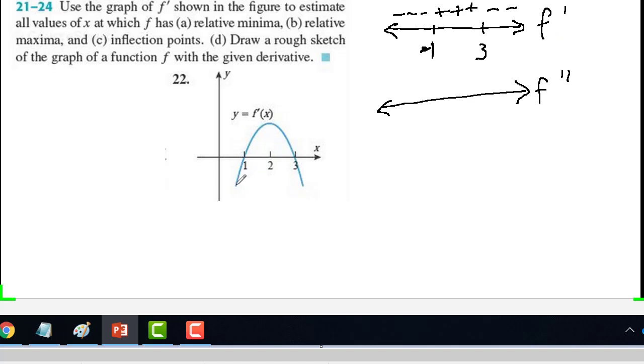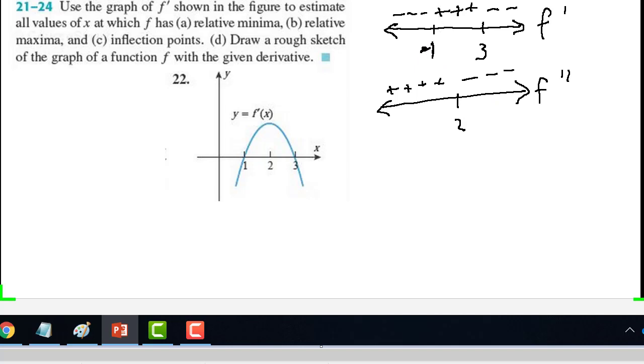Since we know that our first derivative is increasing to the left of 2, we can put 2 on our second derivative, and there we can put a positive value because our derivative function is increasing. Once we get past 2, my derivative function starts to decrease. So once we get past 2, our second derivative has to be negative.